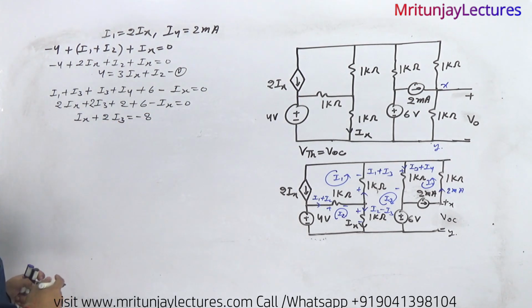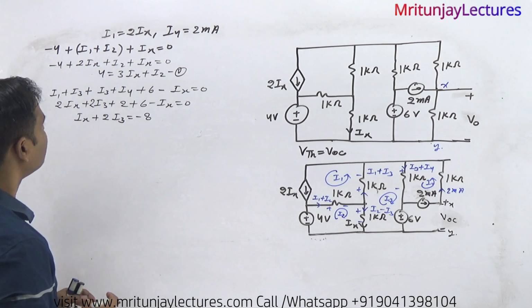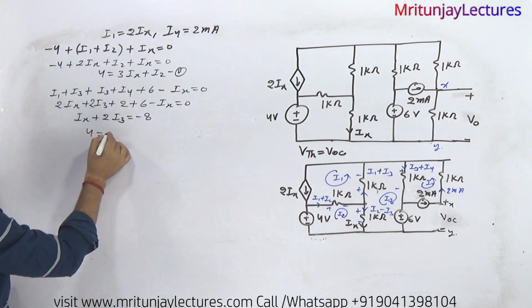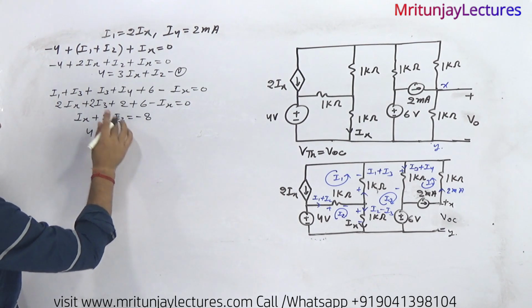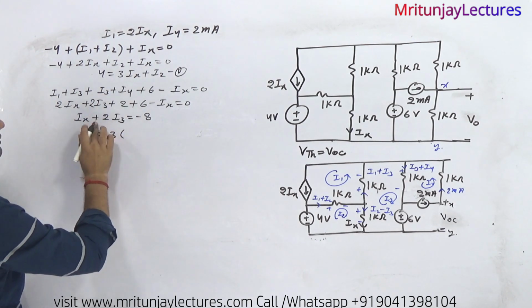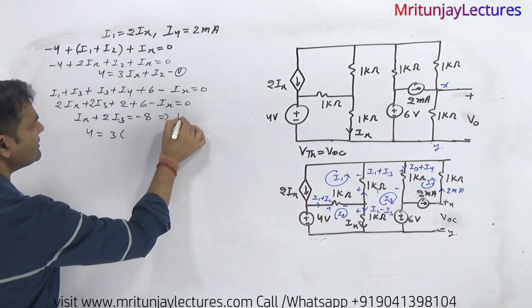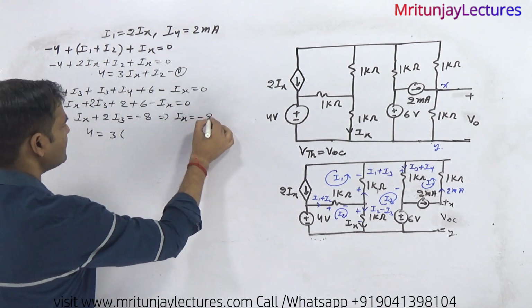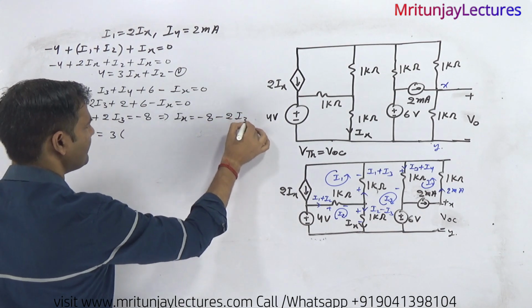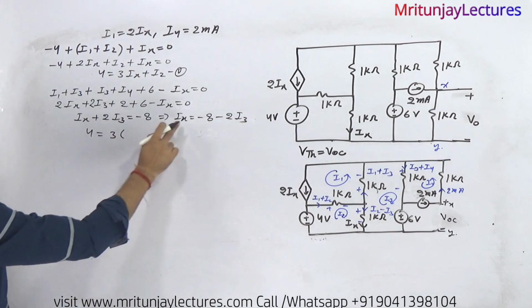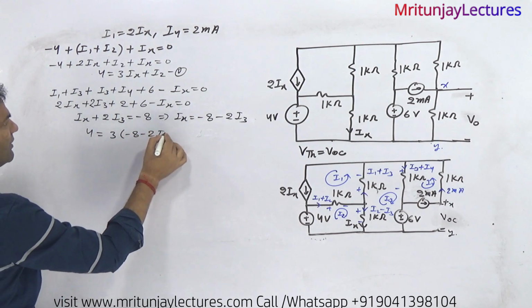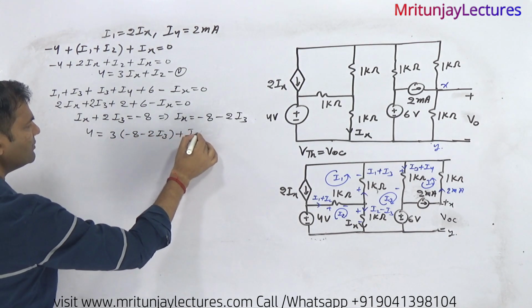Now our motto is to determine I3. So put the Ix value here, then we get 4 equal to 3 into Ix, which is written as minus 8 minus 2I3. Now put this value here: 3 into minus 8 minus 2I3 plus I2.